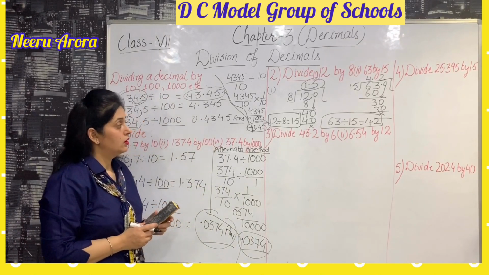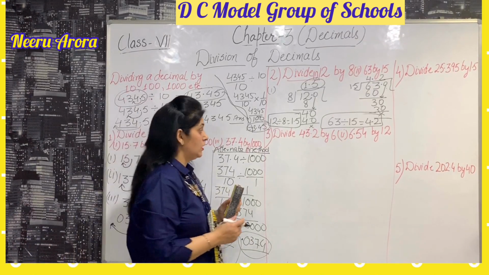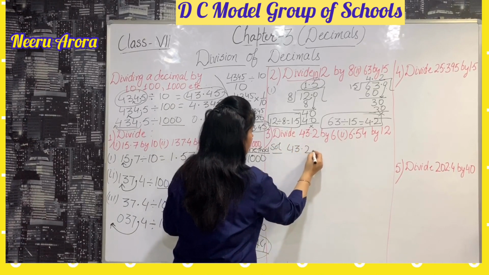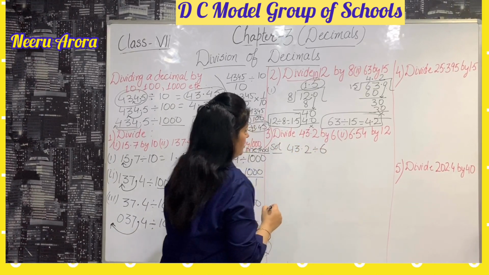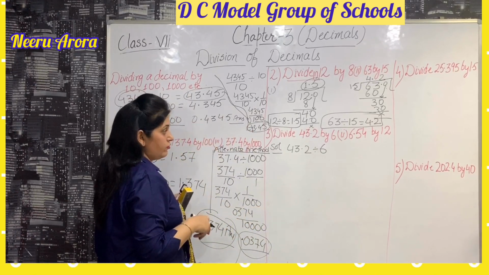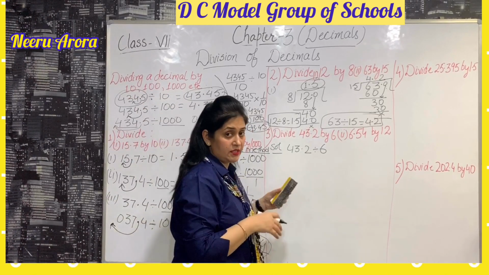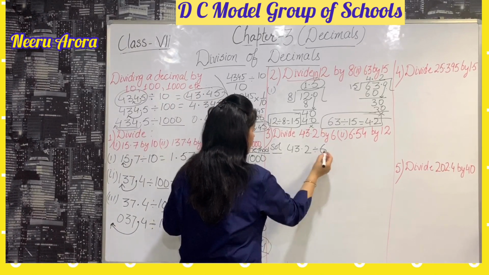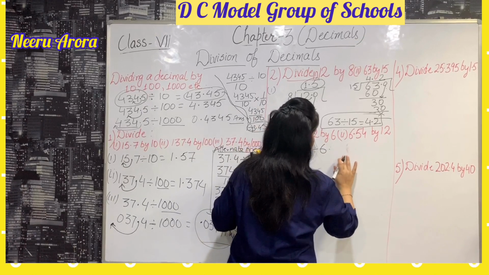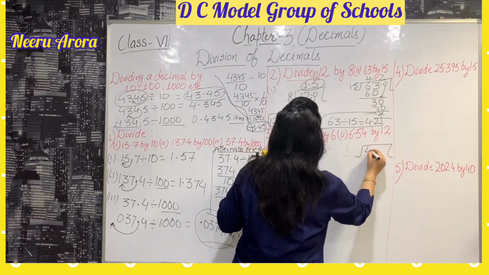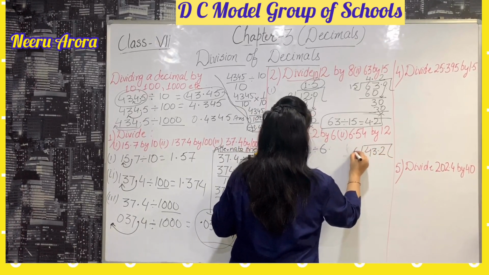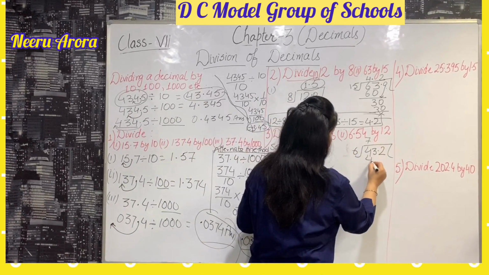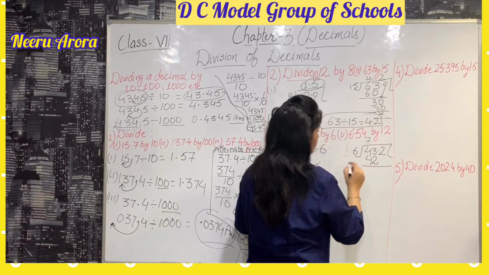So now come to the third sum. So what is that third sum? Divide 43.2 by 6. So we can do it with the division form. Even we can convert this into a decimal fraction. We will do both ways. First, you can do it with the division form, simple division. 43.2, you can divide it by 6. 6 sevens are 42.